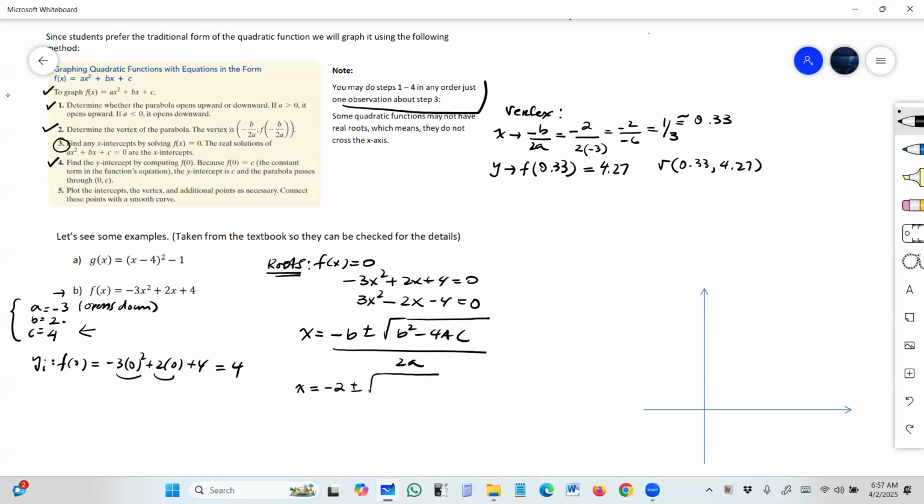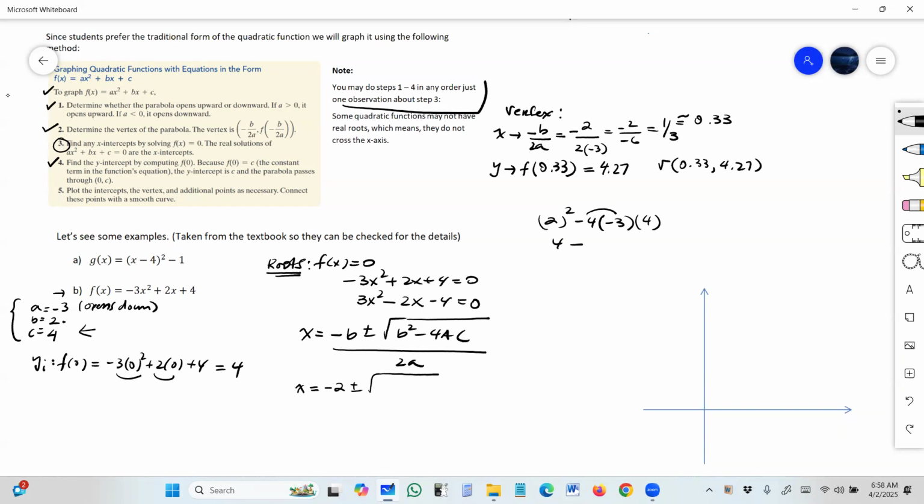Okay, and maybe I'm going to do this on the side, because I want to put the value in there immediately. So b squared is 2 squared minus 4 times a, -3, times c, which is 4. So this is 4.